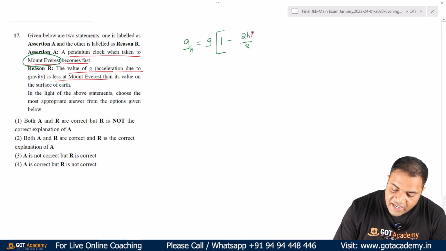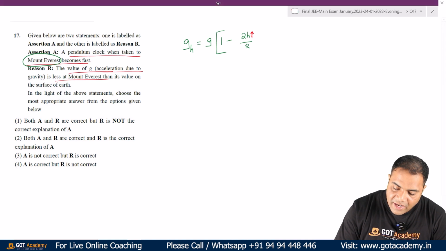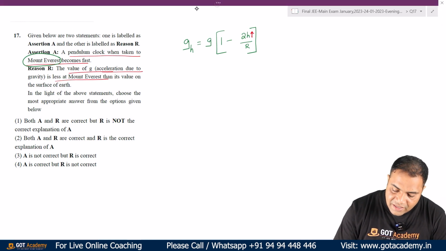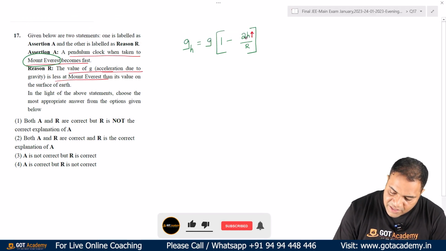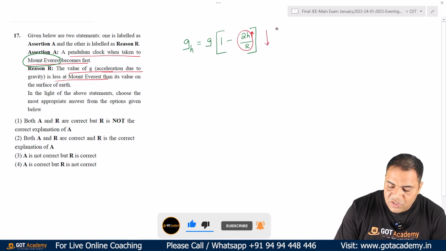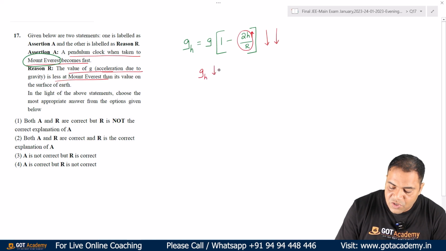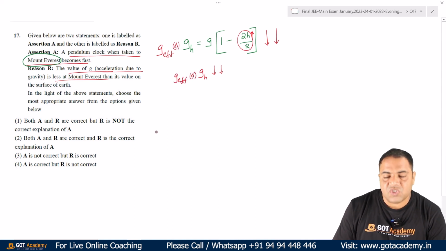So, when this height h is increasing, what happens here is that this negative part is increasing. So the overall answer will reduce, no doubt in this. So GH is getting reduced. We can call it as G effective for our time being. Okay. So now this effective value of G is reduced.